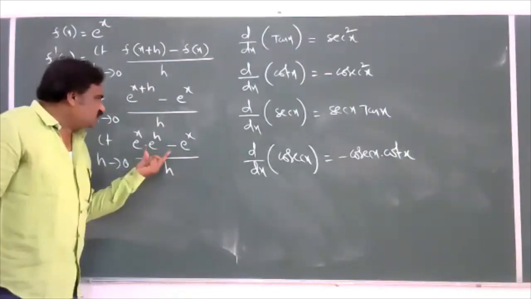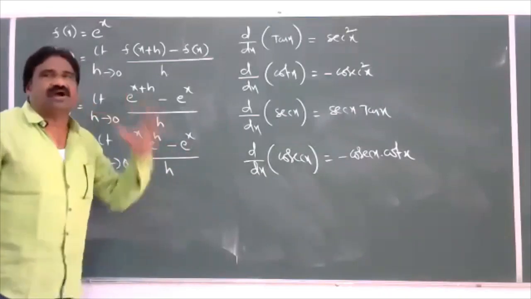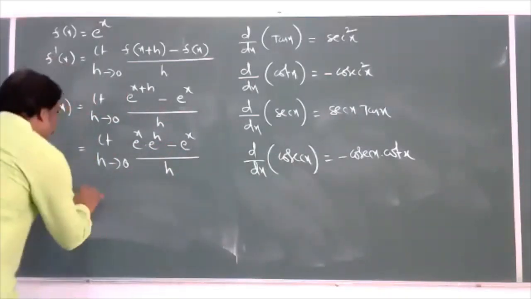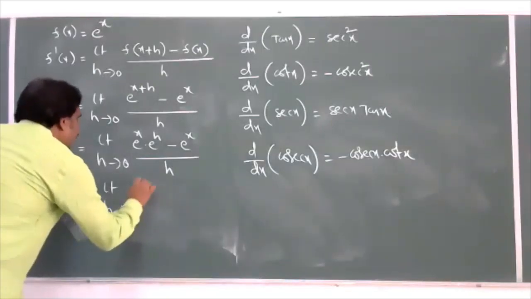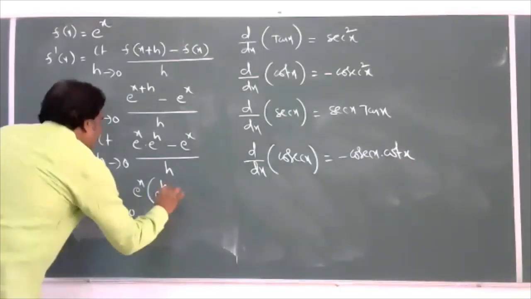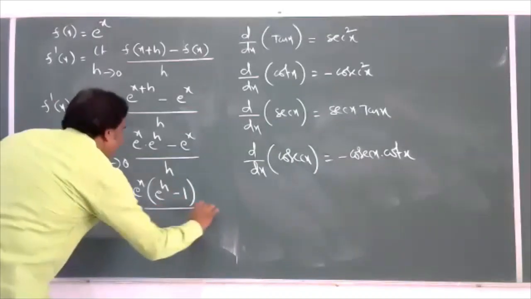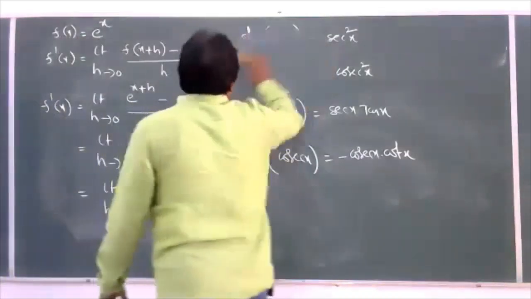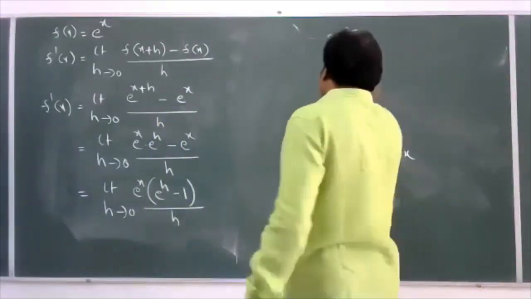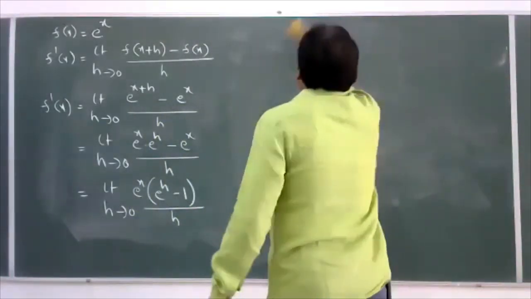So, from these two terms, e power x is common. So, take common. That is equal to limit h tends to 0, e power x into e power h minus 1 by h.